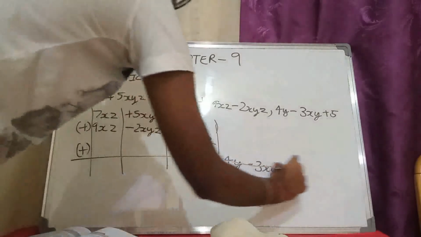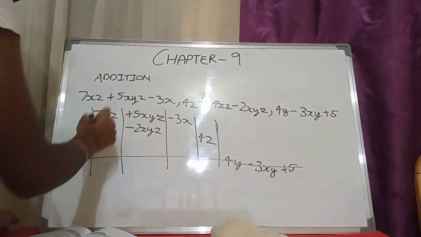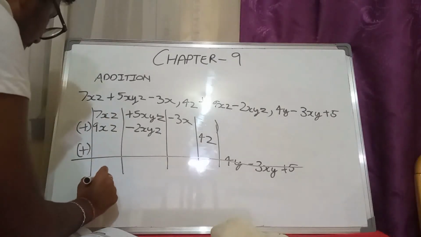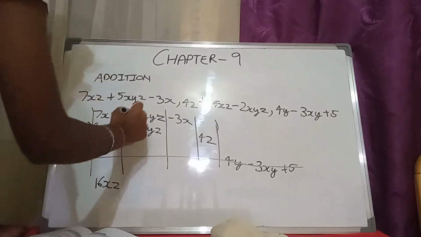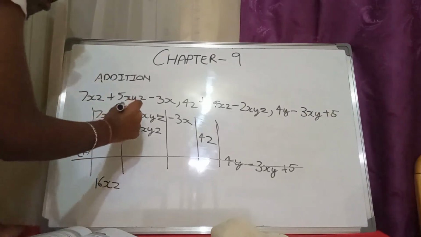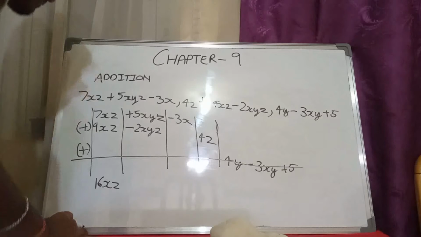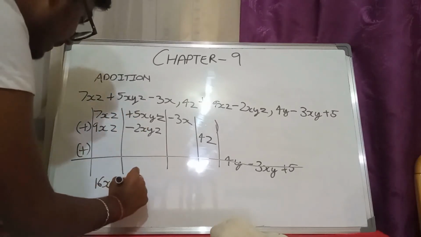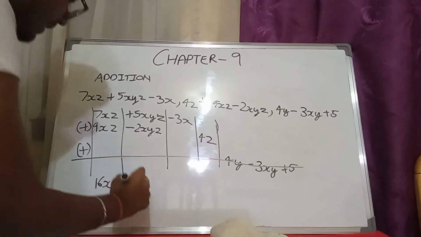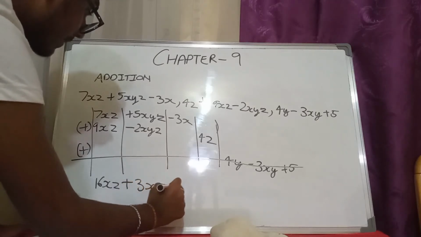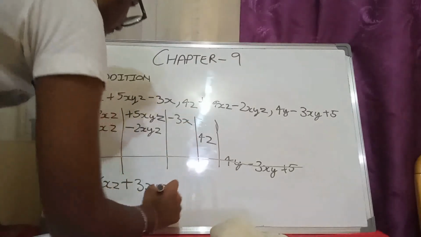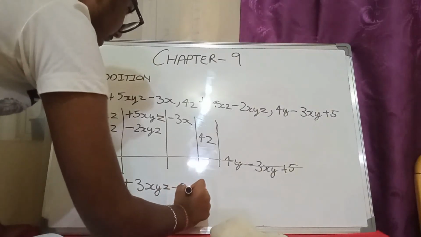So now we'll solve it. We'll add these both. We'll get 16xz. We'll again take the absolute value here. 5 has more absolute value than 2, so the sign of 5 will be taken as positive, and then you have to subtract them, so it will be 3xyz. Then this will be as it is, as it doesn't have any like terms, 3x.